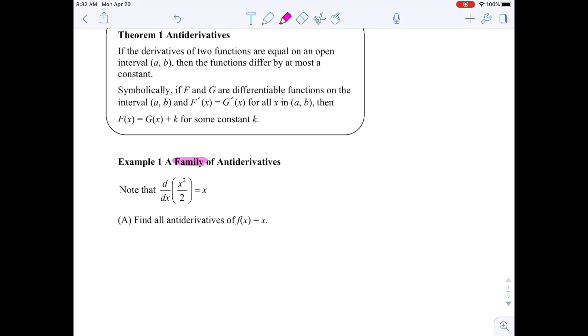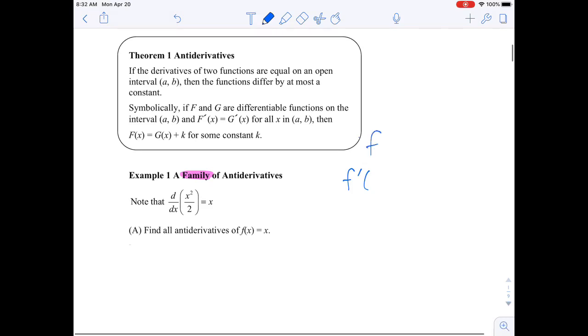So keep in mind that the derivative of a constant, say f of x equals 3, f prime of x equals 0. So when you're working backwards, this constant could be any number. So that's why we're saying that we have a family.